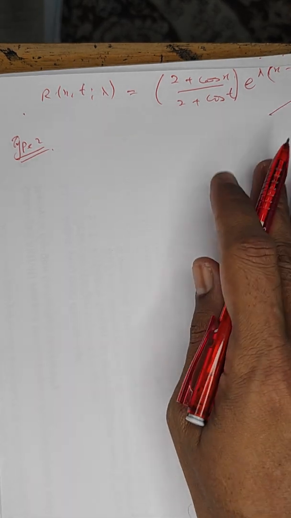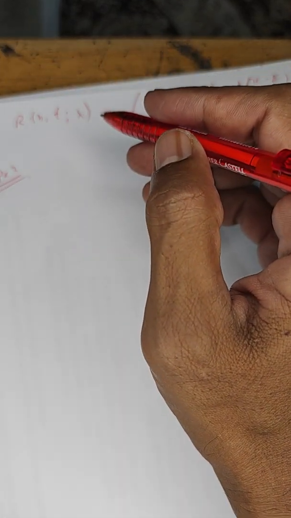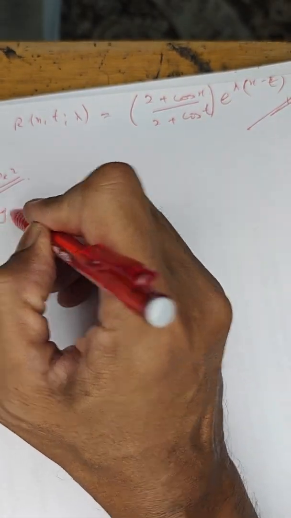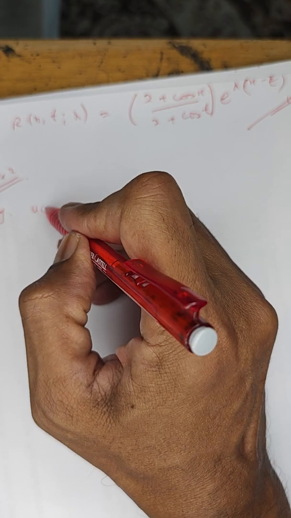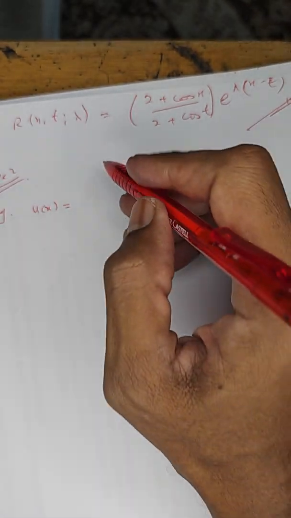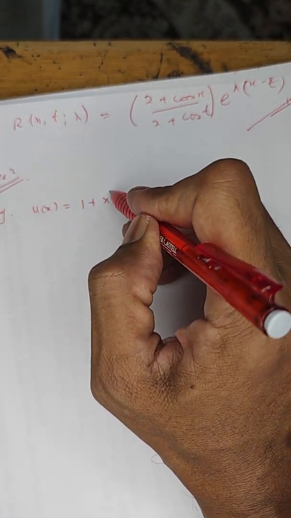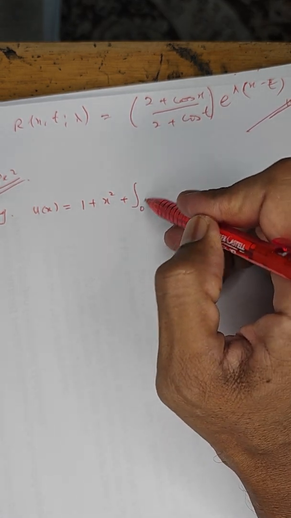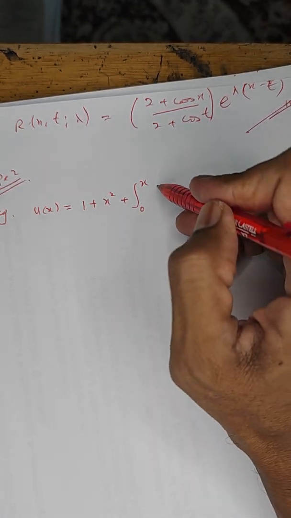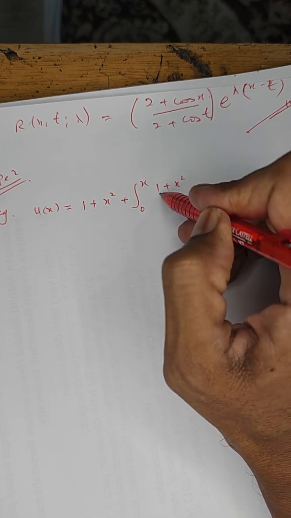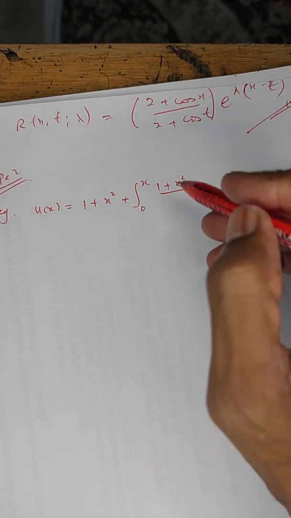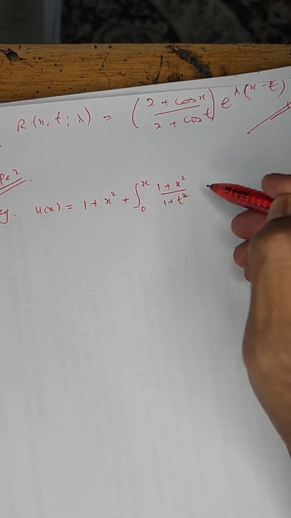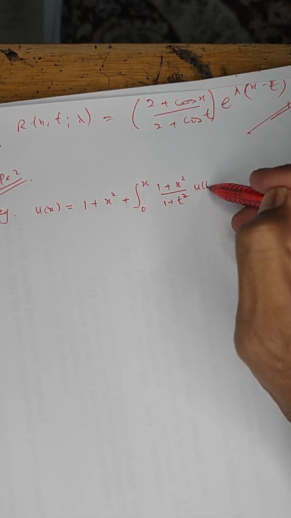So let's consider this integral equation: u(x) is equal to 1 plus x squared plus the integral from 0 to x of (1 plus x squared) over (1 plus t squared), u(t) dt.